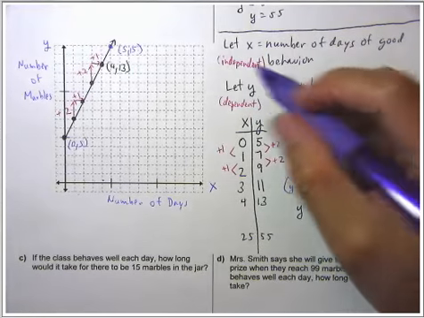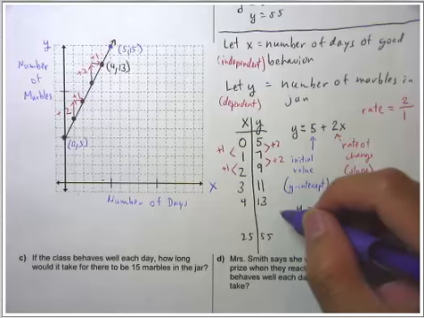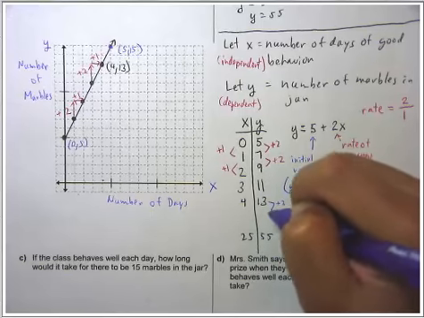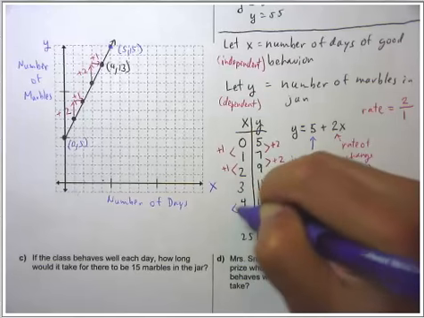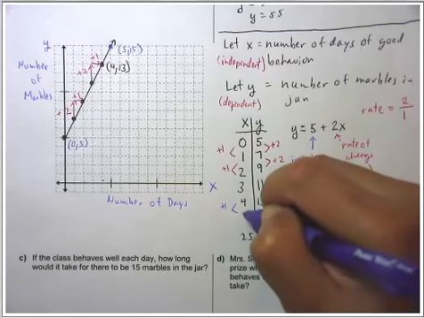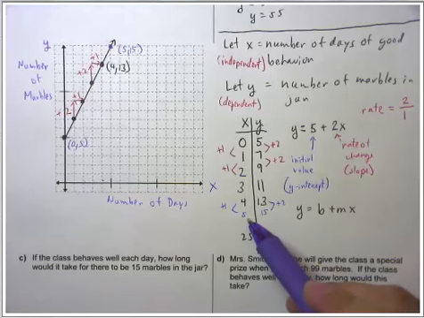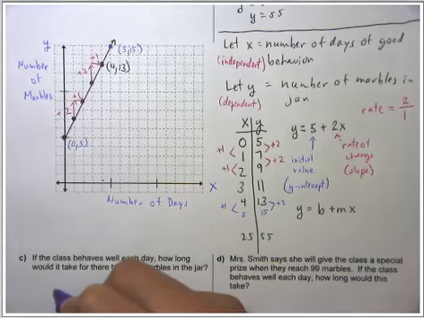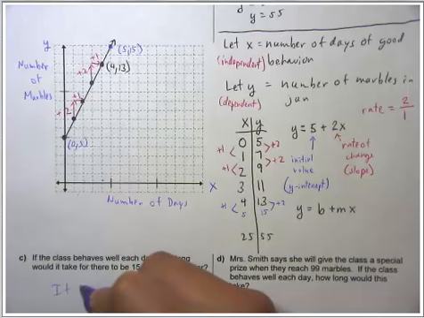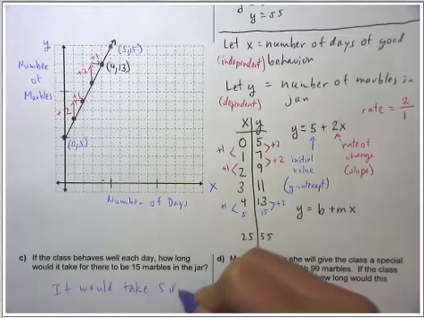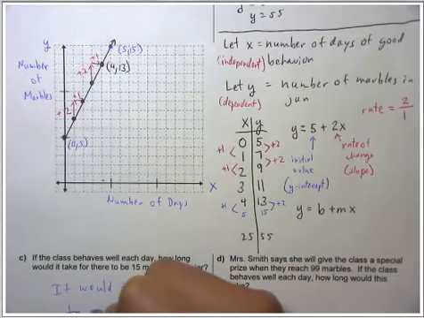And it makes sense if you think about the t-chart, because the number of marbles goes up by 2 every time the number of days goes up by 1. So it would take 5 days to reach 15 marbles.